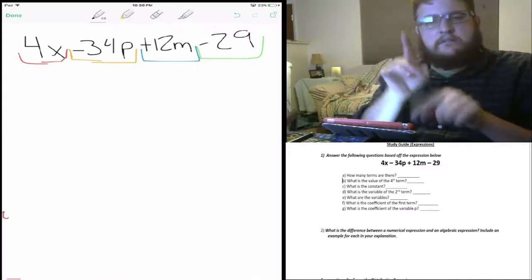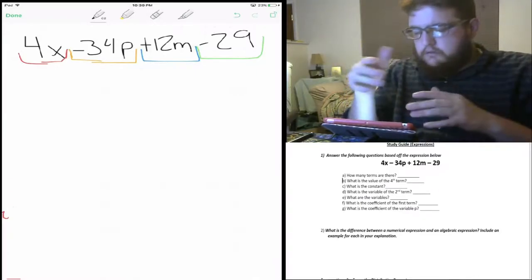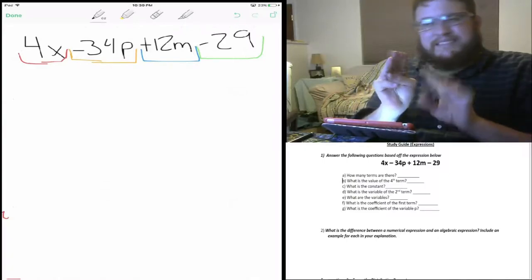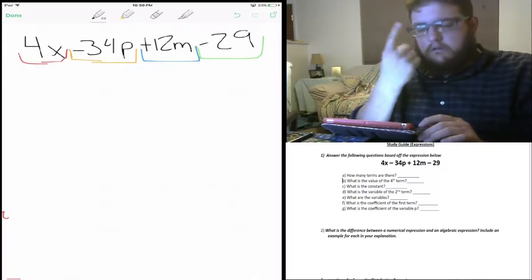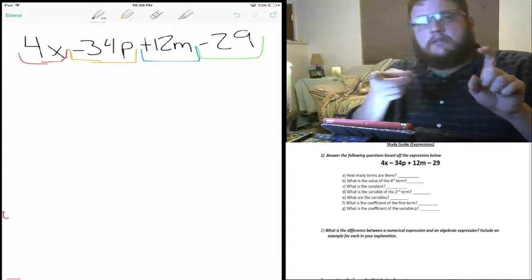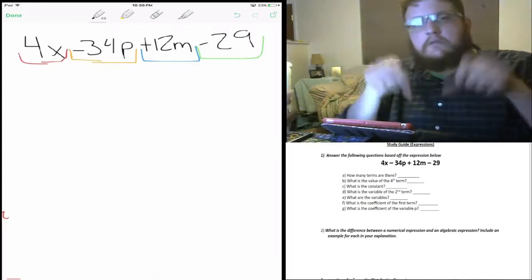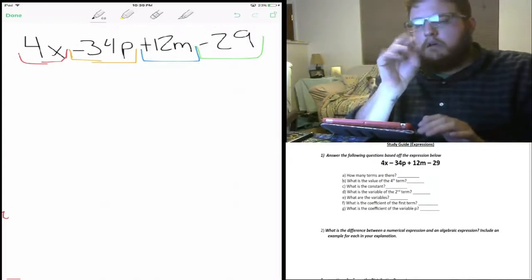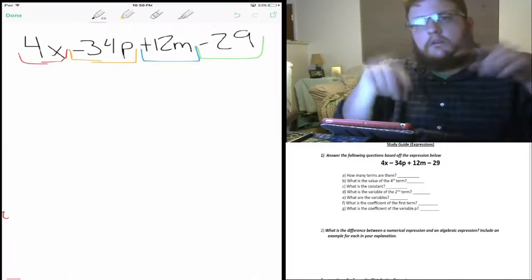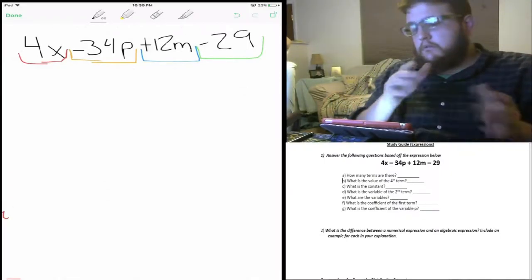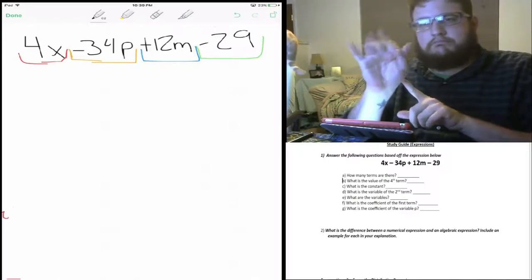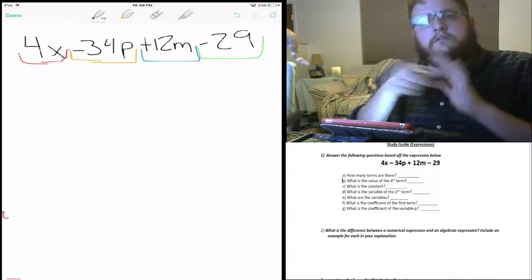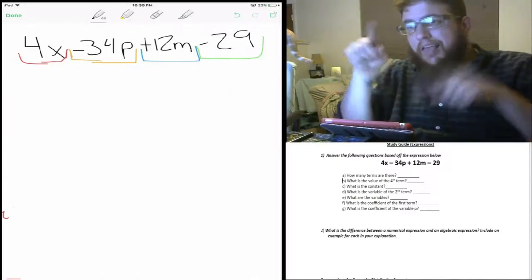The same for our second term. We've got negative 34, but it's the coefficient of the p, or connected to the p. 12 is the coefficient of the m. So those 3 numbers are not our constant, because the variable affects those numbers and they can change, they can vary. However, in our 4th term, negative 29, it doesn't have a variable.